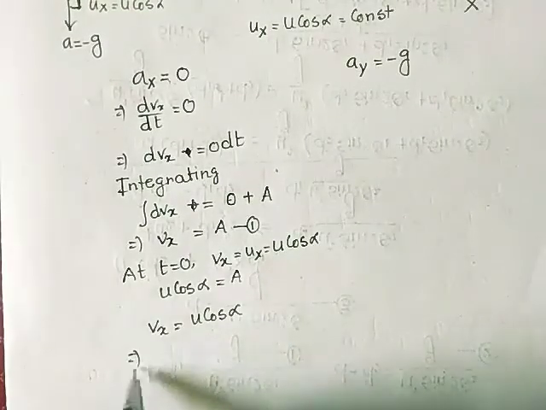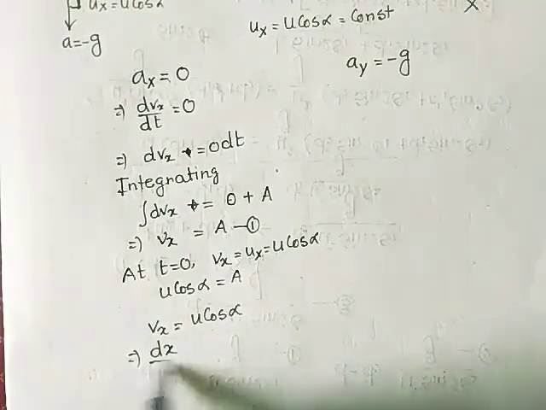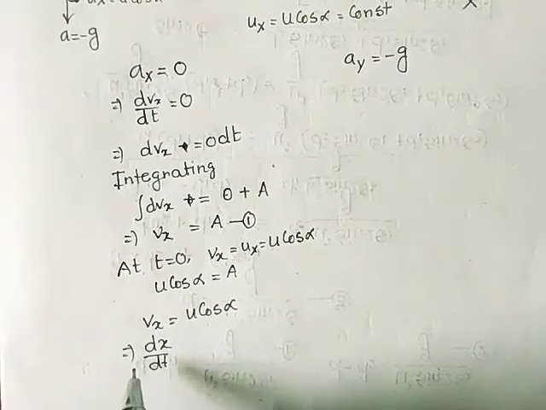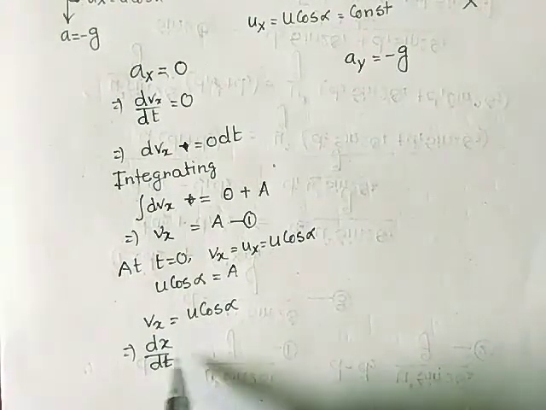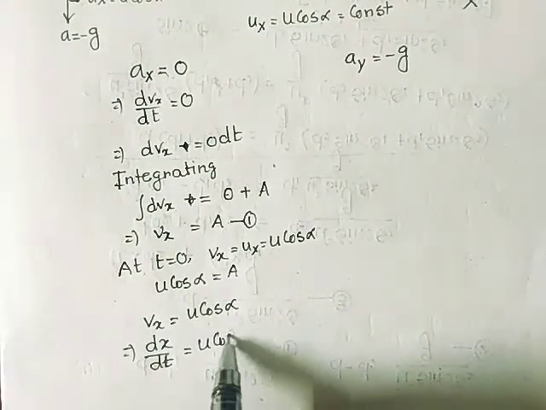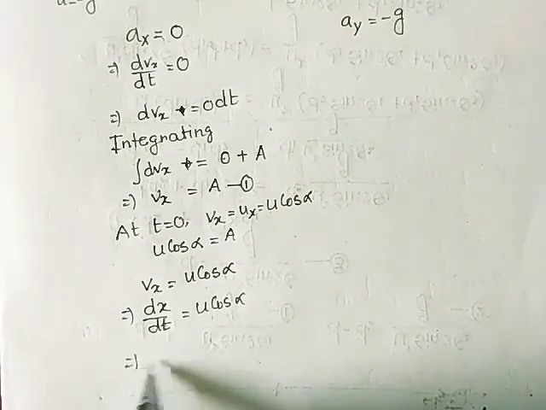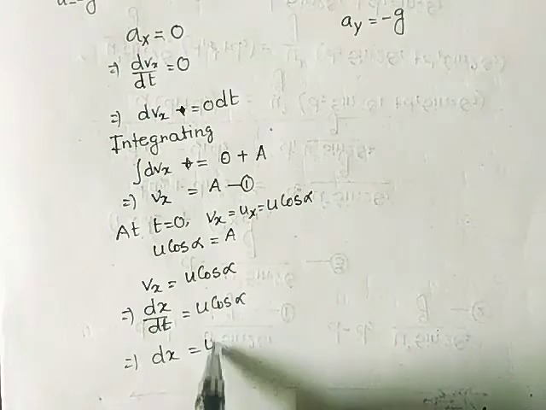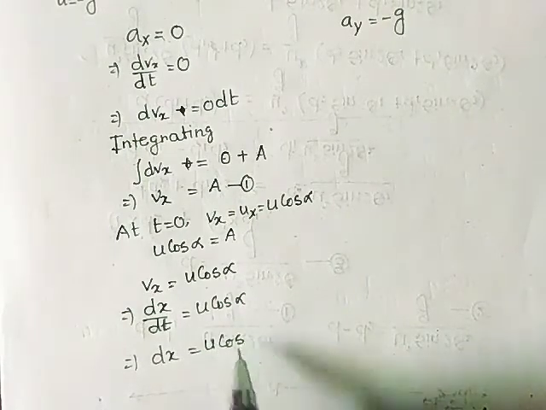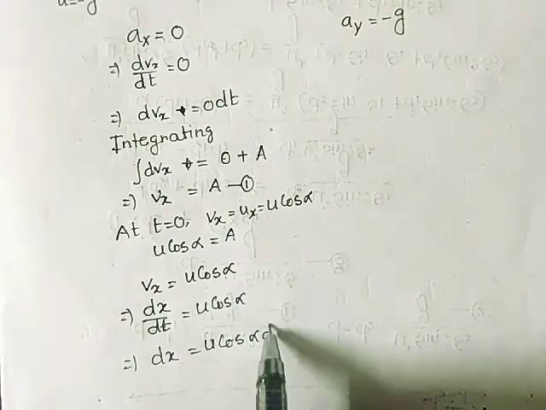Now if I put this in this equation, then vx equal to u cos alpha. Vx is the x component of the velocity, so I can write it as dx by dt equal to u cos alpha. Clear? So from here dx equal to u cos alpha dt.